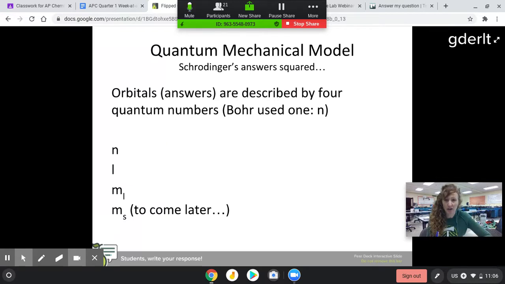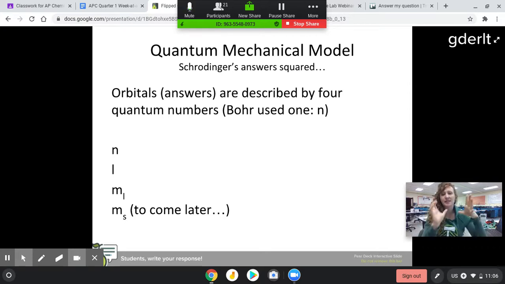Let's talk about what you need to know and be able to do and apply. But know that all of this is coming from the last 3 sections of 45 minutes. All of that led up to this point. Okay, so with that said, let's talk about the quantum mechanical model.